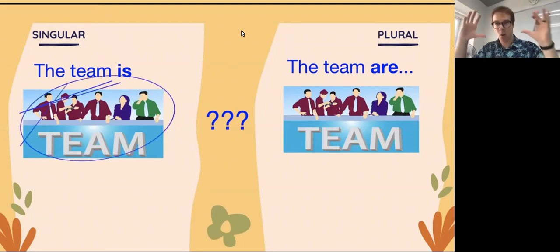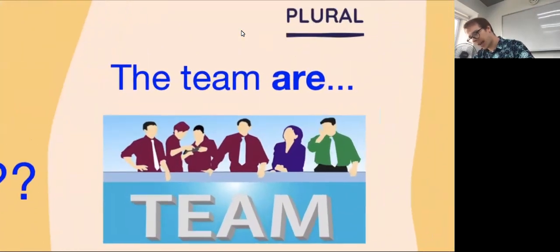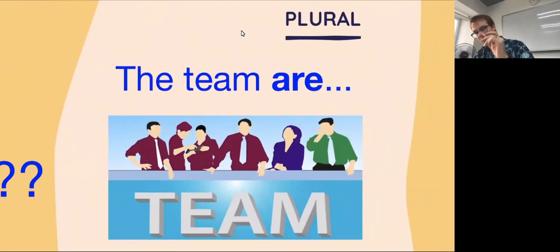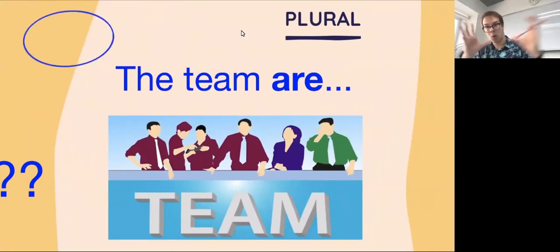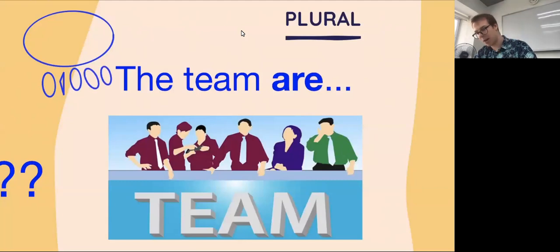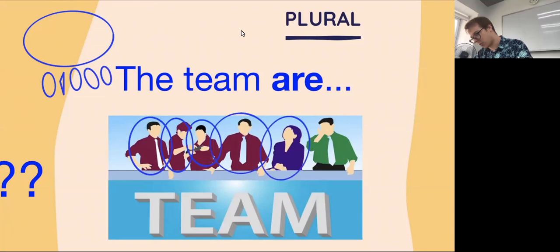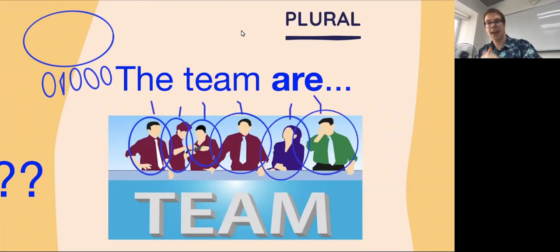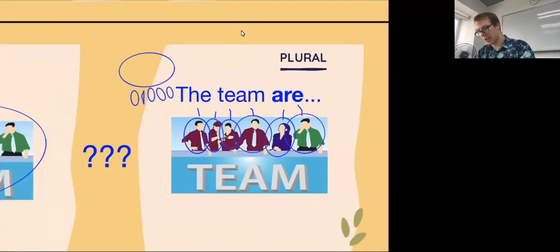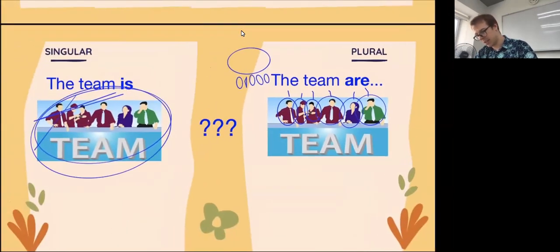But if I say the team are, the emphasis changes. The emphasis is not on the whole team. The emphasis is going to be on each member. This guy, this guy, this guy, this woman. The team, they are. So the group, the team is; the team, they are.